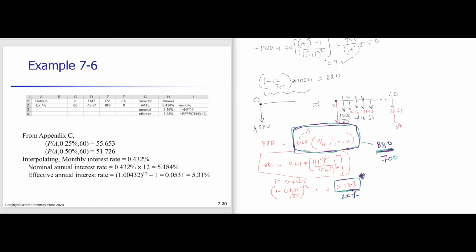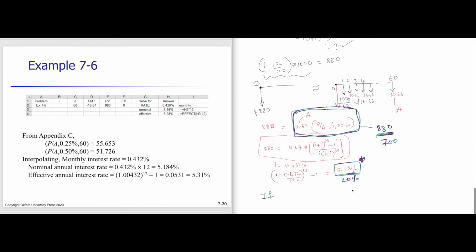Then if I say shift solve for x, the calculator is solving. If I get 30% discount, that means we are paying $700 in place of 880. I calculated the internal rate of return to be 12.53%.